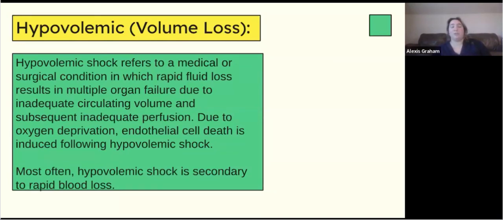So hypovolemic shock, which is more referred to as a type of volume loss shock, refers to a medical or surgical condition in which rapid fluid loss results in multiple organ failure due to inadequate circulating volume and subsequent inadequate perfusion. Due to oxygen deprivation, endothelial cell death is induced following hypovolemic shock. Most often, hypovolemic shock is secondary to rapid blood loss, hence the volume lost.